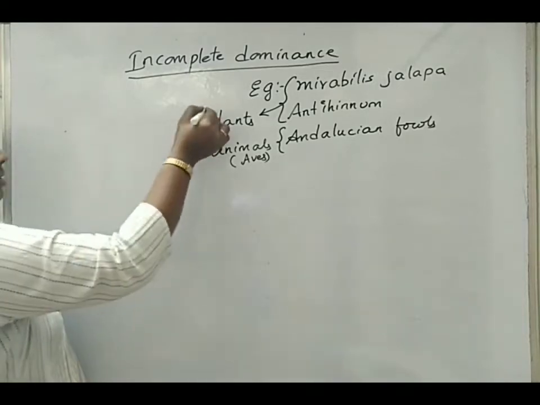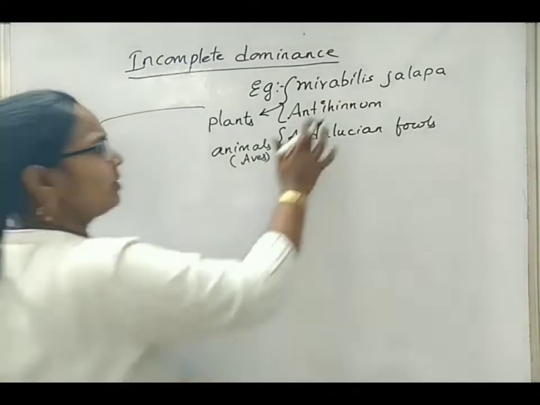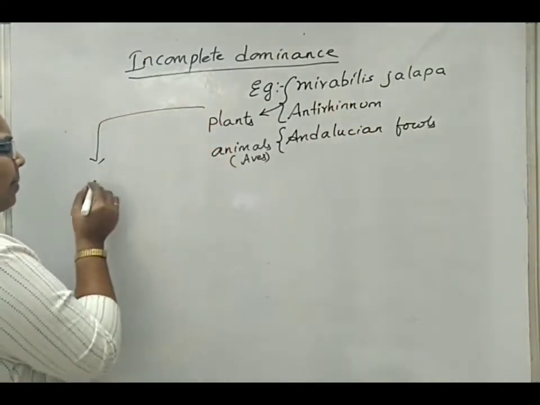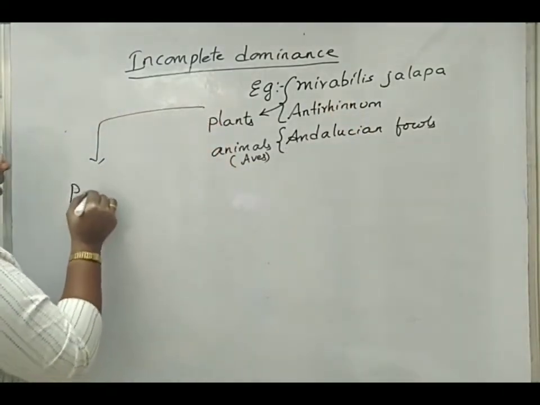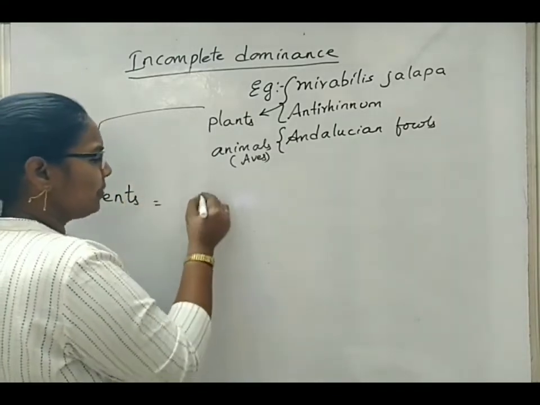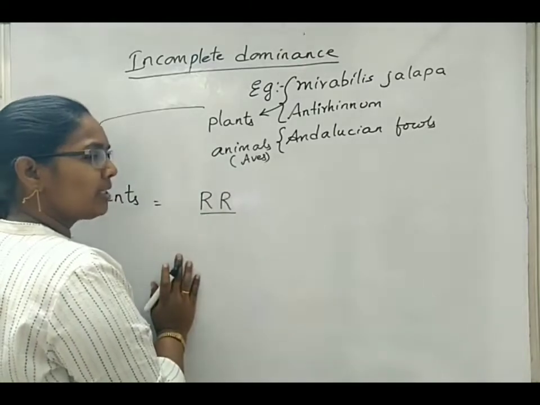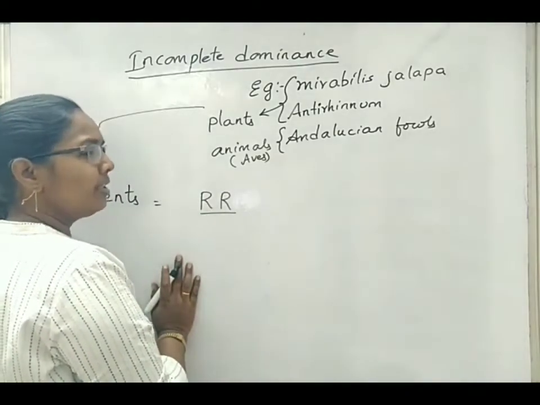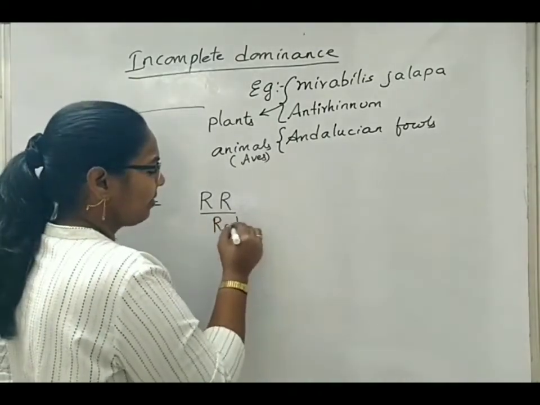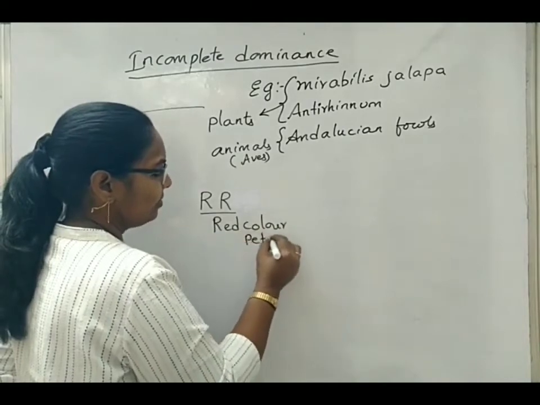For suppose, in this case, either in Mirabilis jalapa or Antirrhinum, parents are taken with the genotypes capital R, capital R. This is the genotype that is expressing dominant color of the petals of the flower, that is red color. It has red color petals.